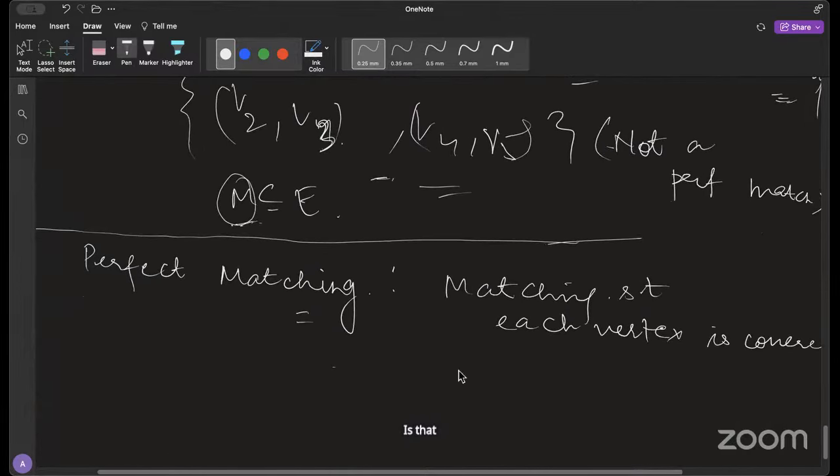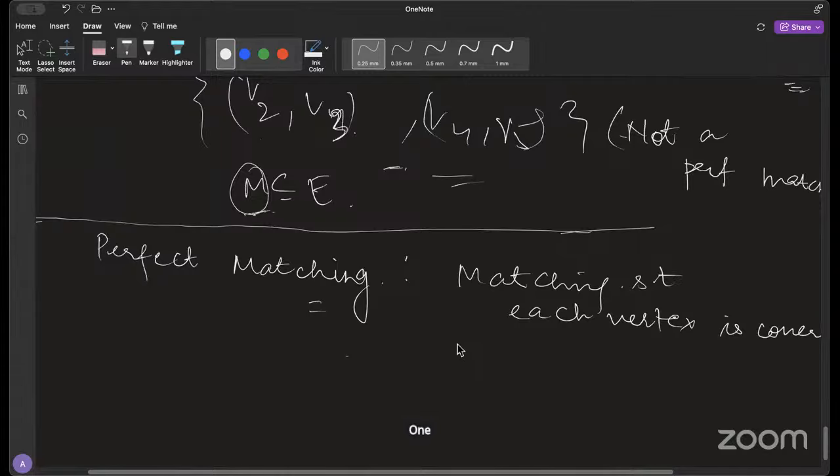Is that okay? One example of it could be, let's say you're doing a project where either you're allowed to do the project alone, or you're allowed to make pairs and do the project in pairs.